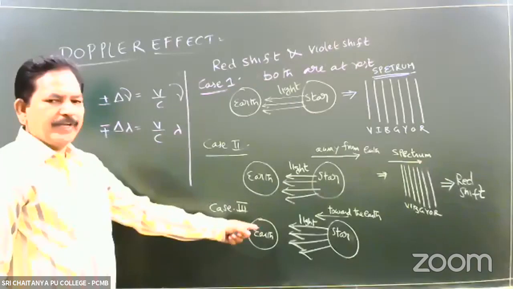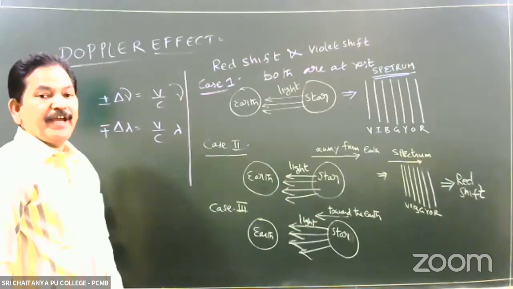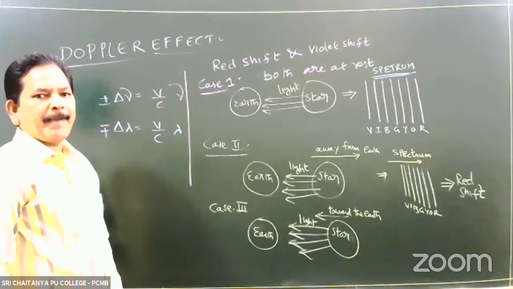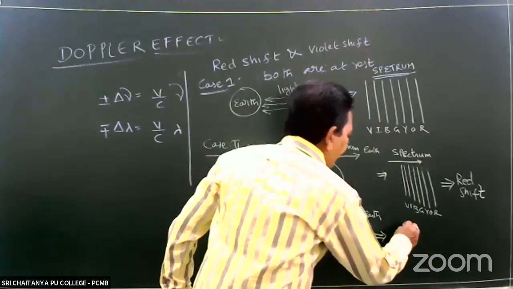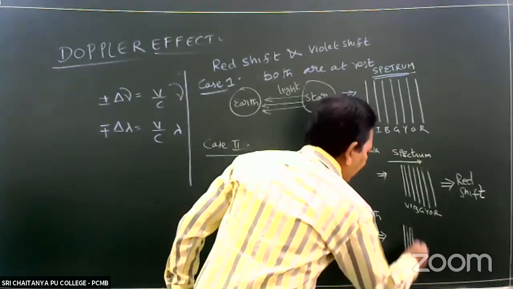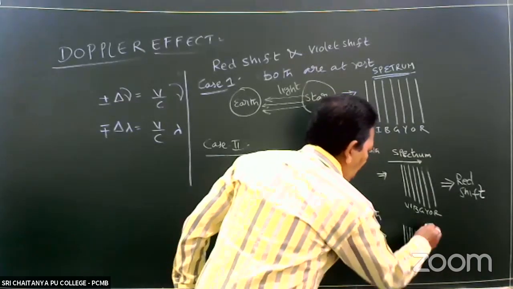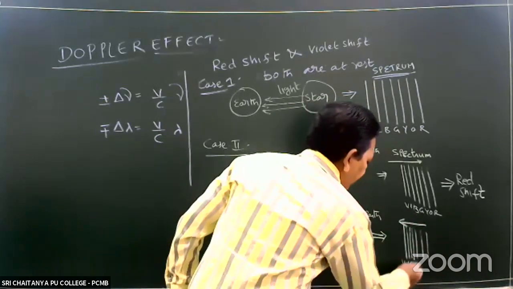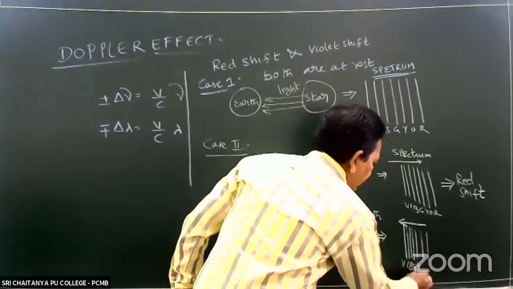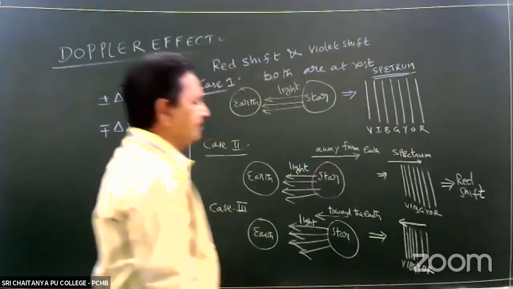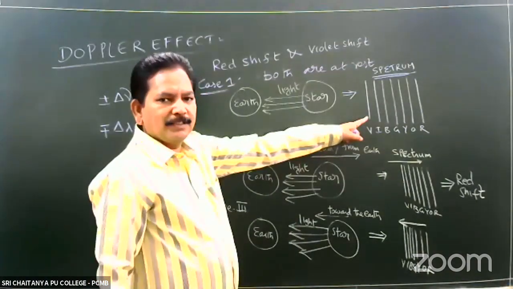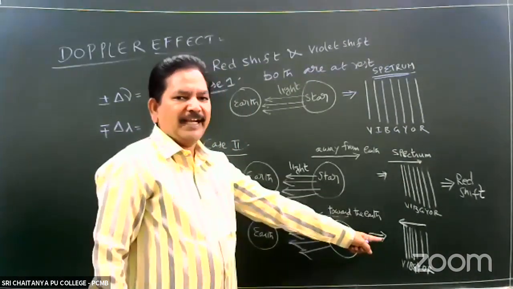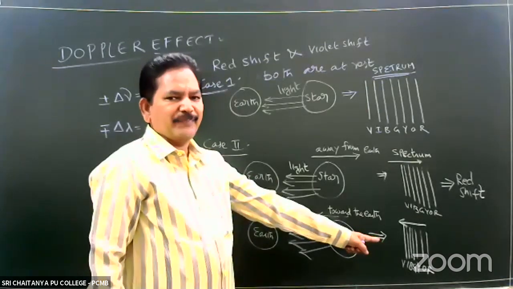Now the source is moving towards the stationary observer. Wavelength decreases. Apparent wavelength is less than actual wavelength. So the spectrum is shifted towards the violet color or towards the blue color, V, I, B, G, Y, O, R, with lesser wavelength.